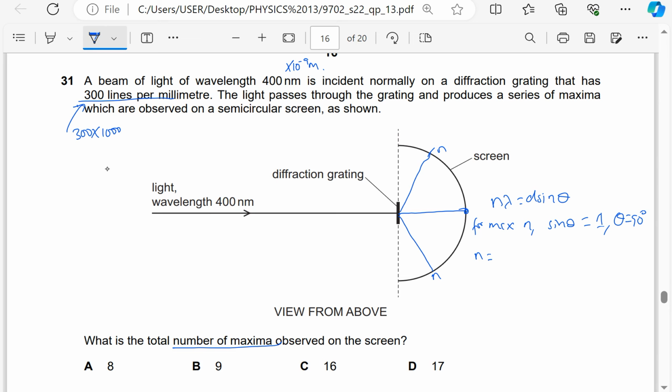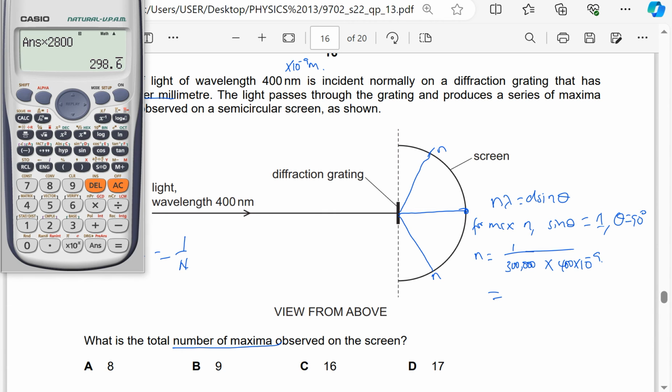Remember, d is equal to 1 over N, where N is the number of lines. So this is going to be 1 over 300,000, of course, times 1, divided by lambda, which is 400 times 10 to the power of minus 9.